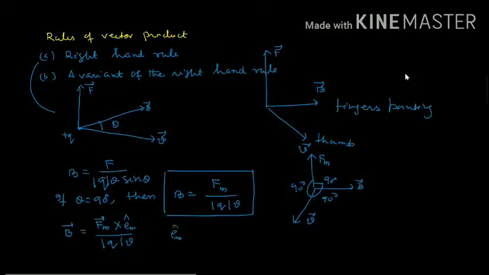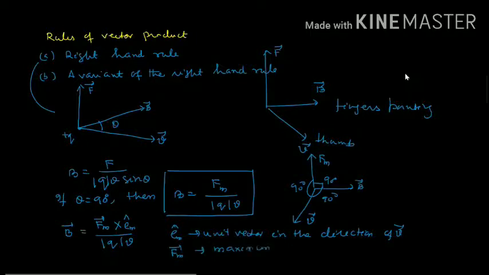Here m cap is a unit vector in the direction of V. And Fm is the maximum value of magnetic force.